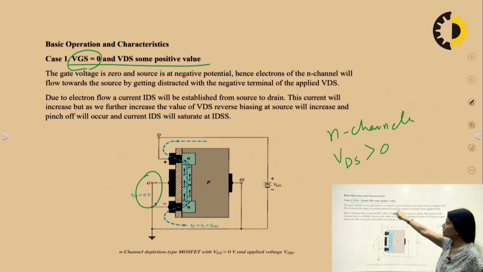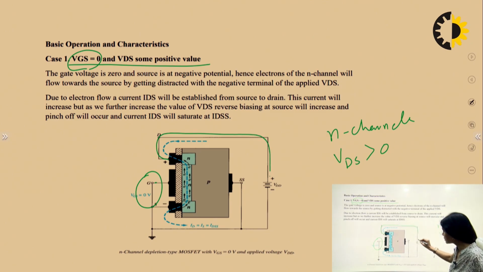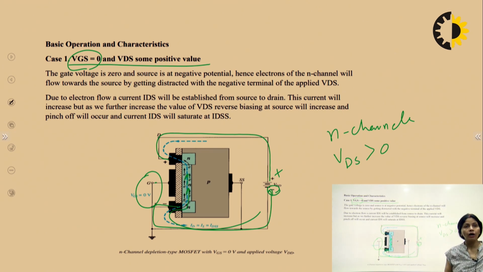Hence, electrons of the N channel: because the drain is at the positive terminal and the source is at the negative terminal, electrons will be repelled from the negative terminal, and they will start collecting towards the drain region, because the channel is also present.